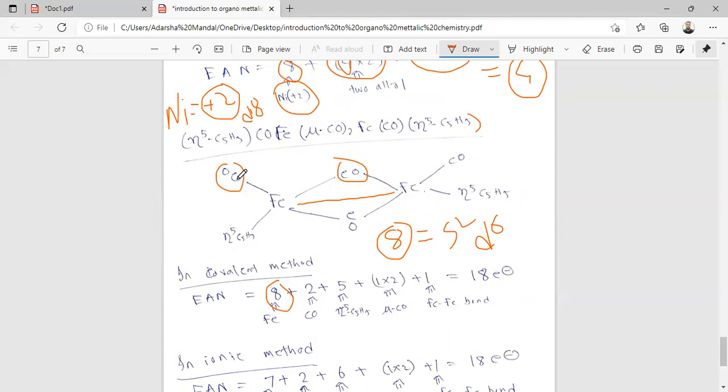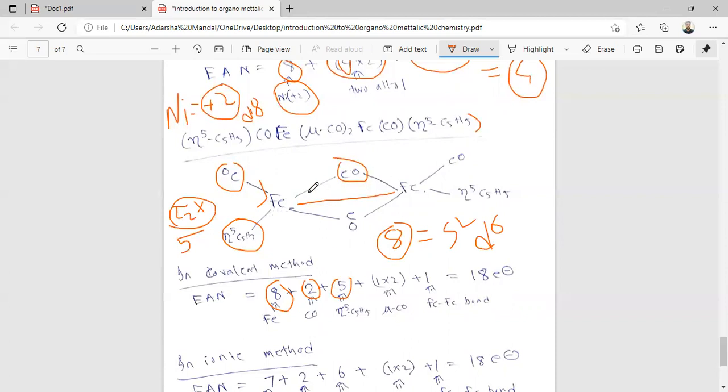Next, this terminal CO will donate a total of 2 electrons to this metal center. This η5-C5H5 is an L2X type ligand, so it will donate a total of 5 electrons.